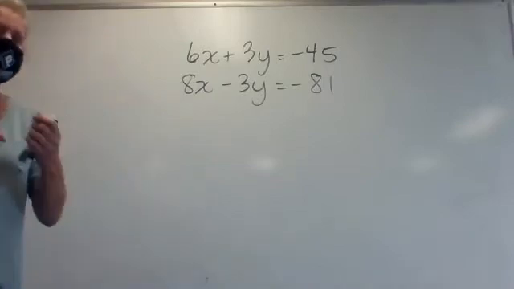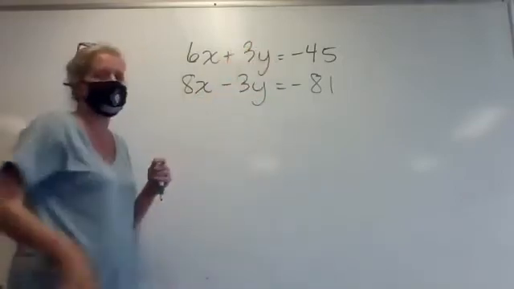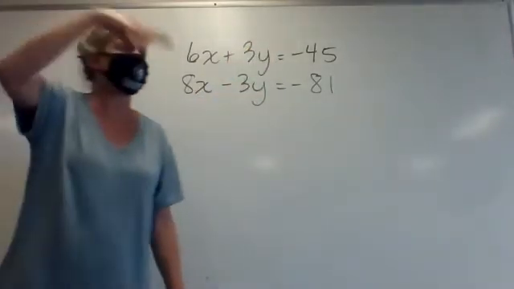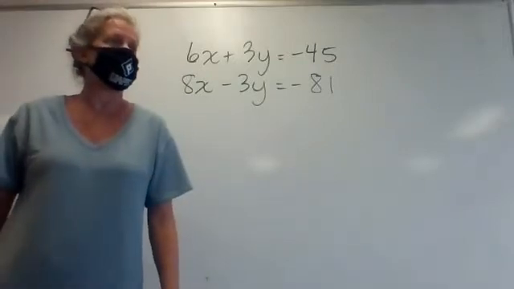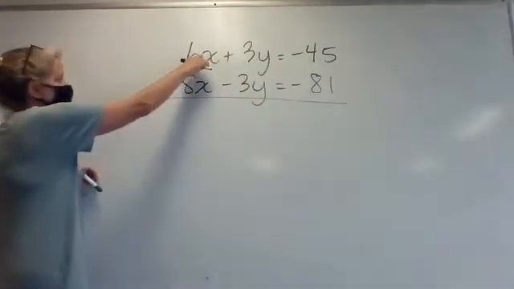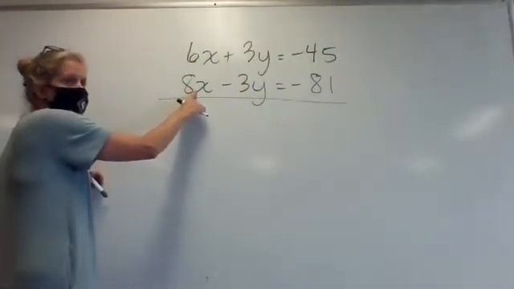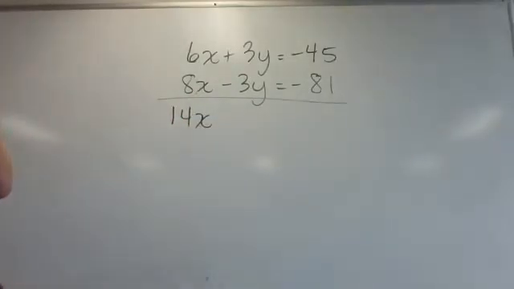So if, when you're looking at your problems, you say, okay, if I add those together, either your x's or your y's cancel each other out, then just go ahead and add those 2 equations together. That's what I'm going to do on this one. Since the y's will cancel, I've got 6x plus 8x gives me 14x.